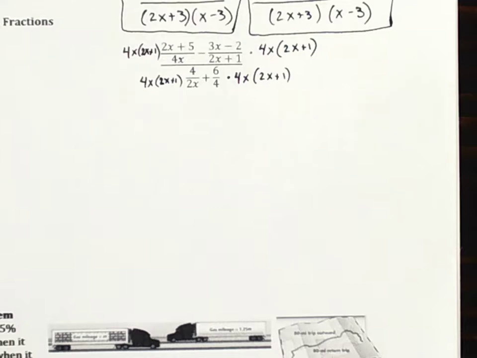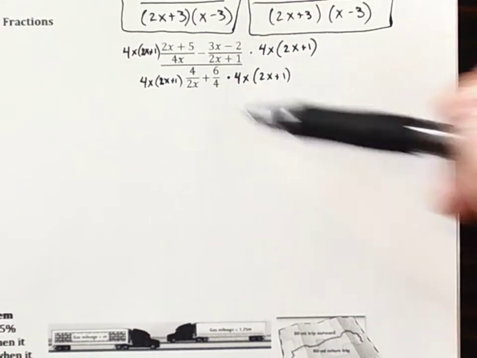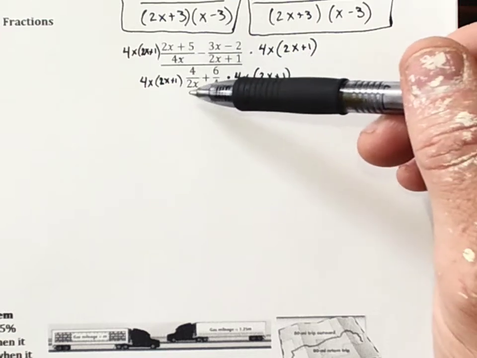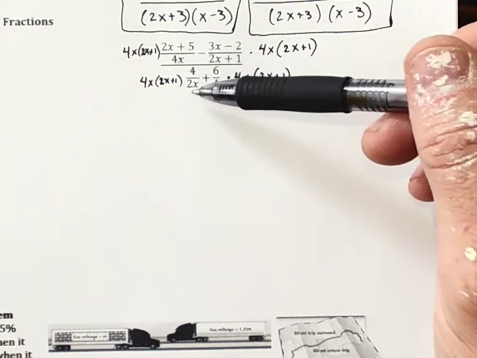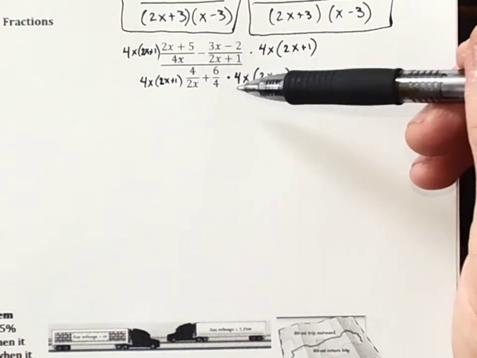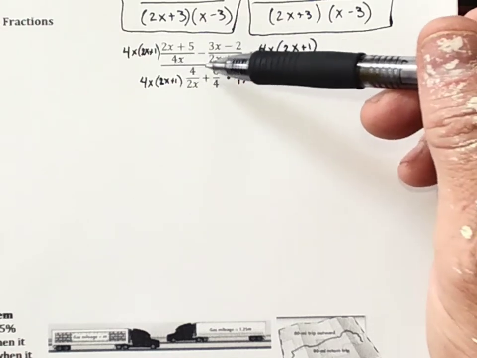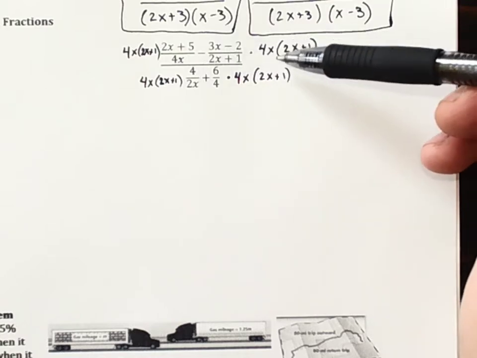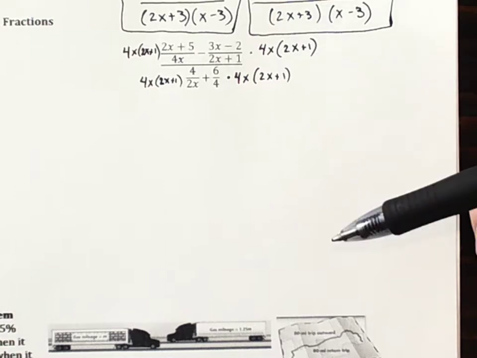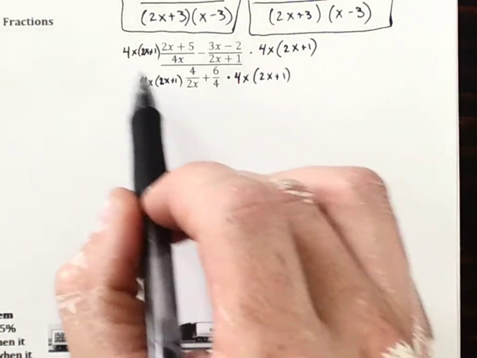And you have to do the common denominator of all the denominators. Because this is a 4x, and this is a 4, and this is a 2x. They're all monomials, a single term. Their common denominator is just 4x. But then you have this binomial, and you have to include it also. So the common denominator is this.